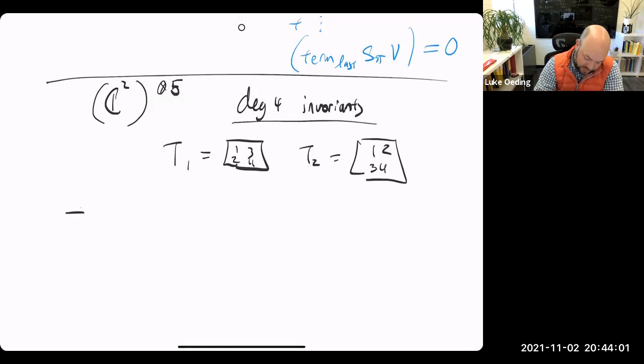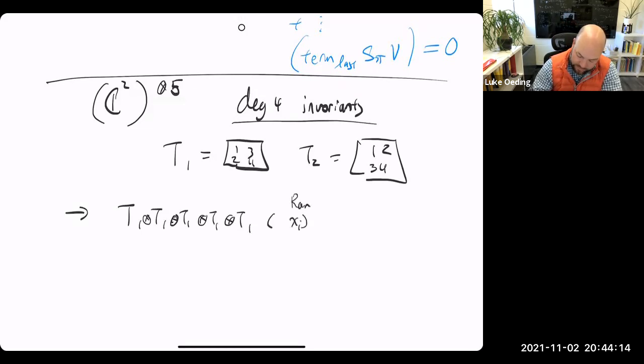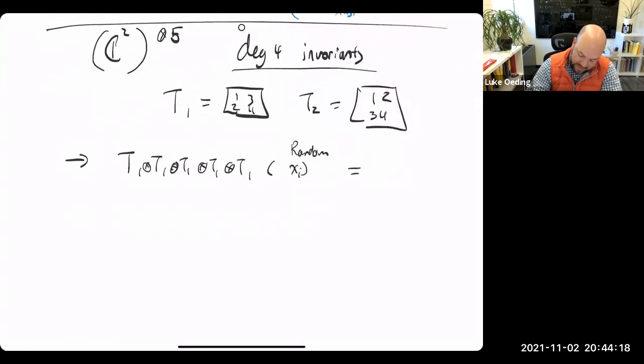But you could just start evaluating T1 tensor T1 tensor T1 tensor T1 tensor T1 on some points, and these are going to be random points. And perhaps you can convince yourself that this is going to be 0, but this is going back to doing the computation on the computer, okay?